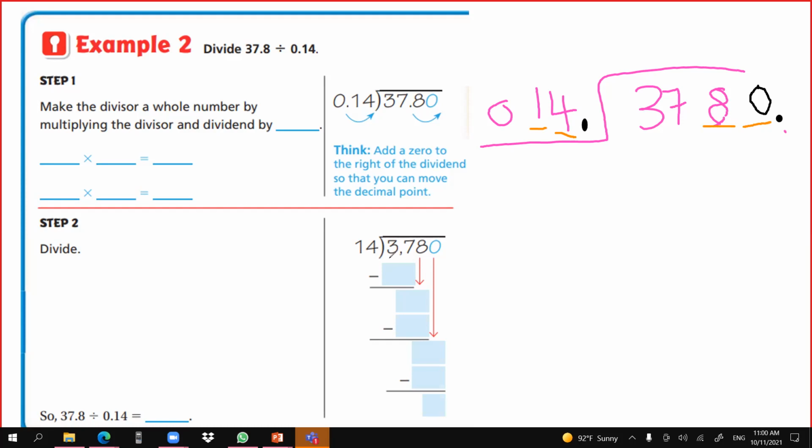Here, what do we have? 3,780 divided by 14. 37 divided by 14 equals 2. 2 times 14 equals 28.